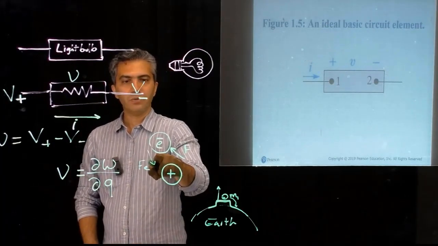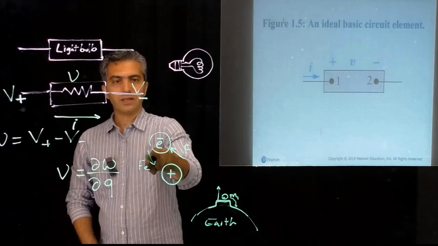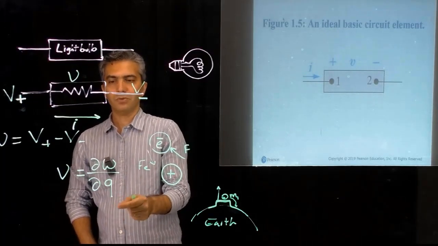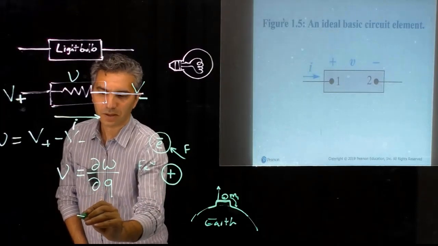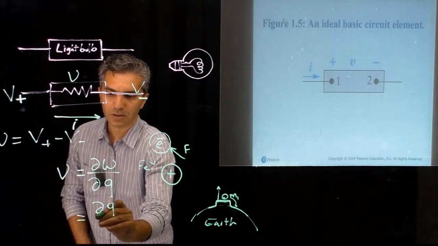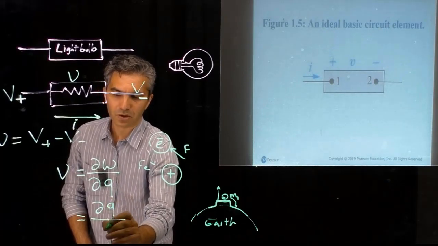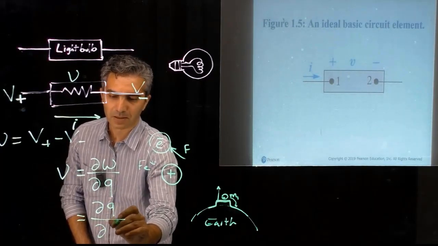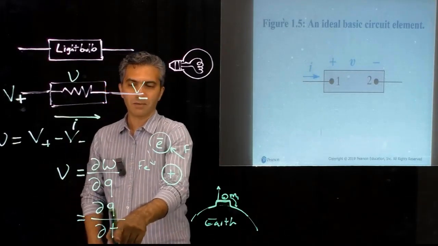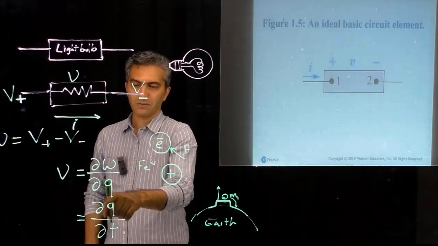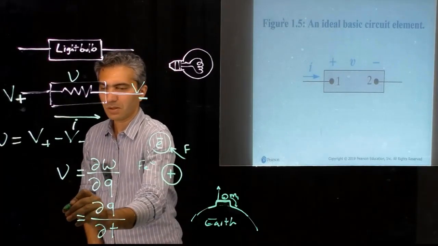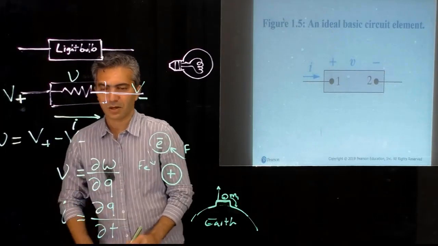Now, if in a device the electrical charge, which is the electron, starts moving through, then you can define this other quantity that is important for us, which is the derivative of the charge that is moving, passing through a cross-section, with respect to time. So derivative of charge passing through a cross-section with respect to time, and you define that as the current.